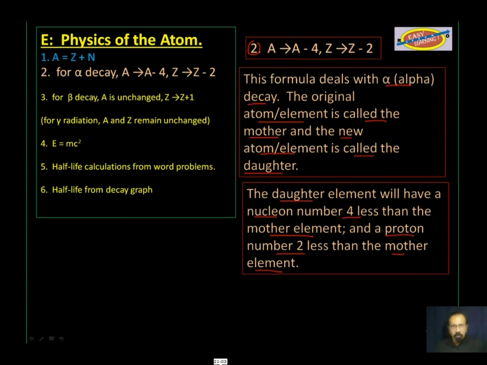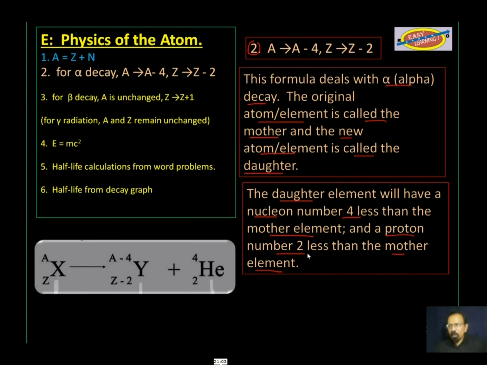So let's look at a few examples. If X is the mother element, and we have A here as the nuclear number and Z as the proton number, we get out a helium ion, which is He 4 2, plus Y. Now notice that this number on the top left of Y decreases by 4.